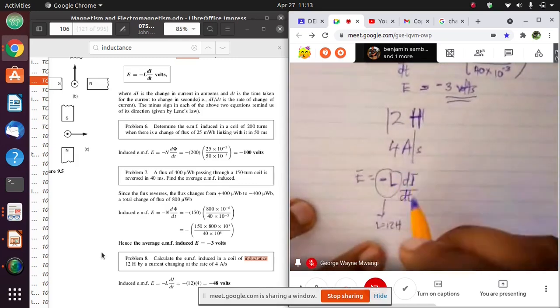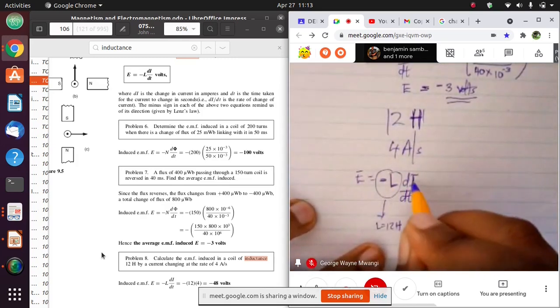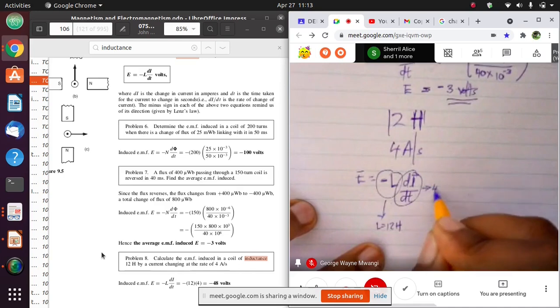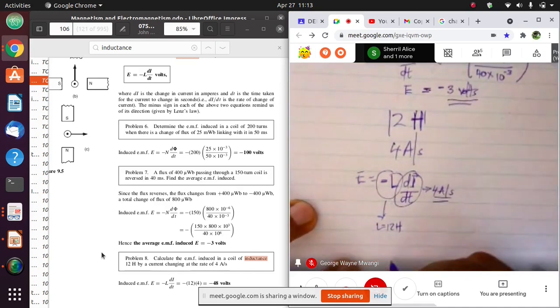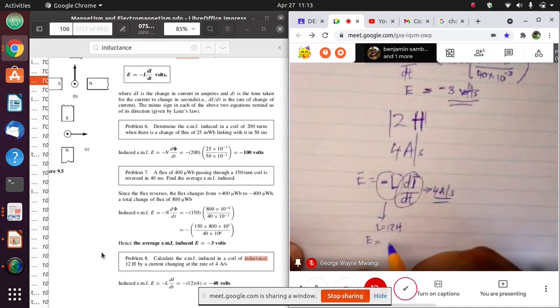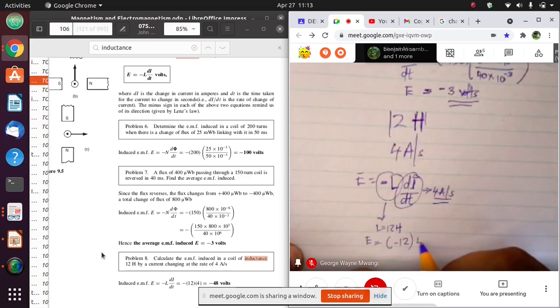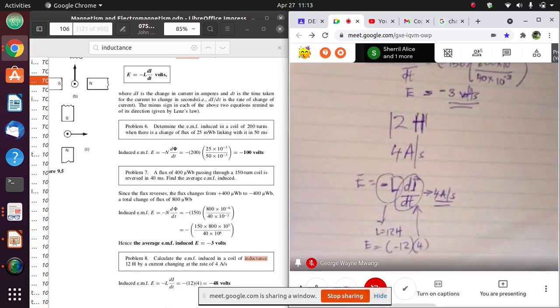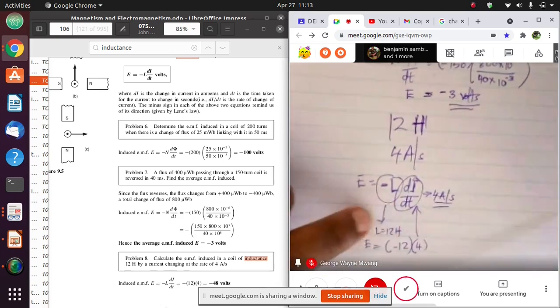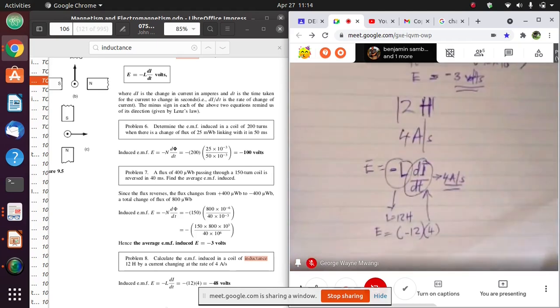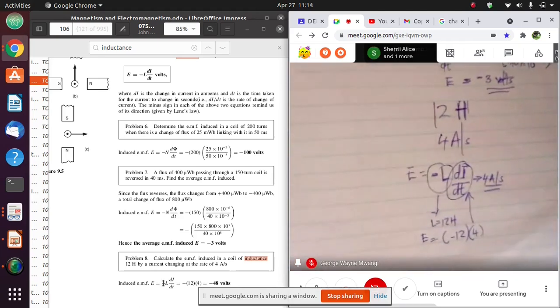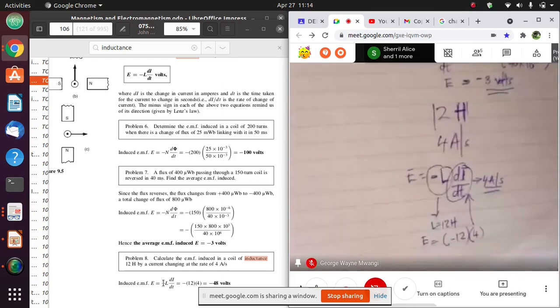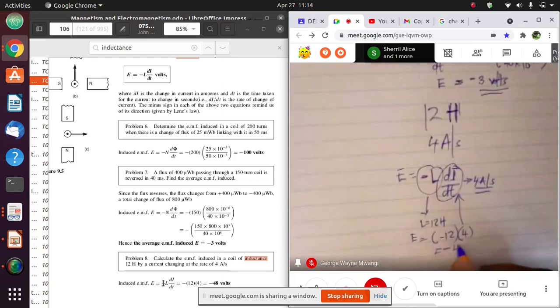The change in current over the change in time, dI over dt, is 4 amperes per second. So the EMF induced will therefore be negative 12 times 4. Remember now you've already been given the change in current over the change in time. So our EMF induced will therefore be minus 12 times 4, inakupatia minus 48 volts.